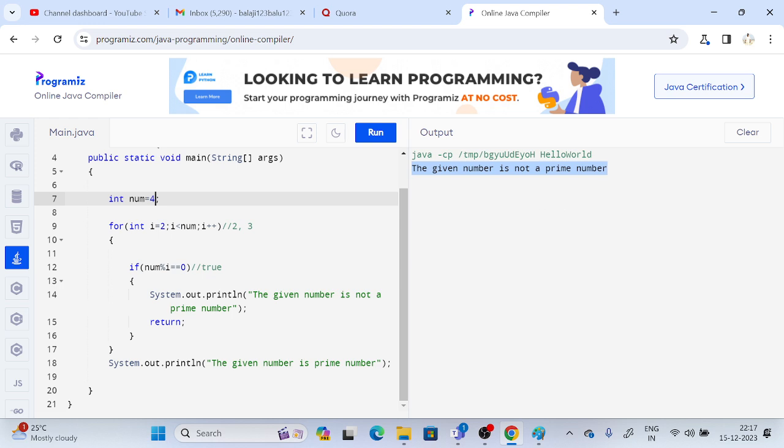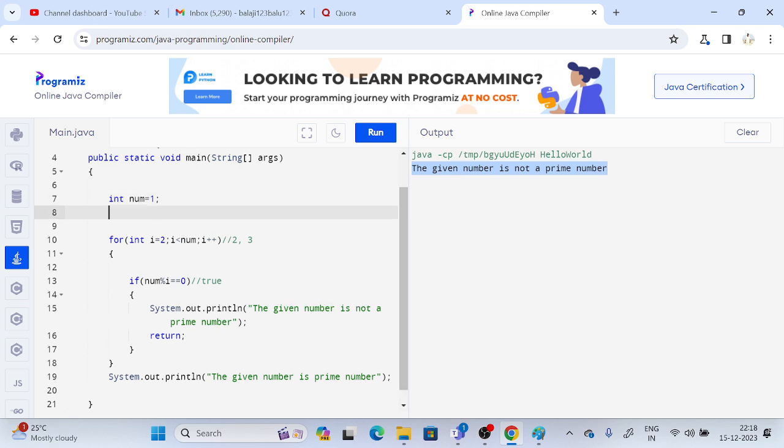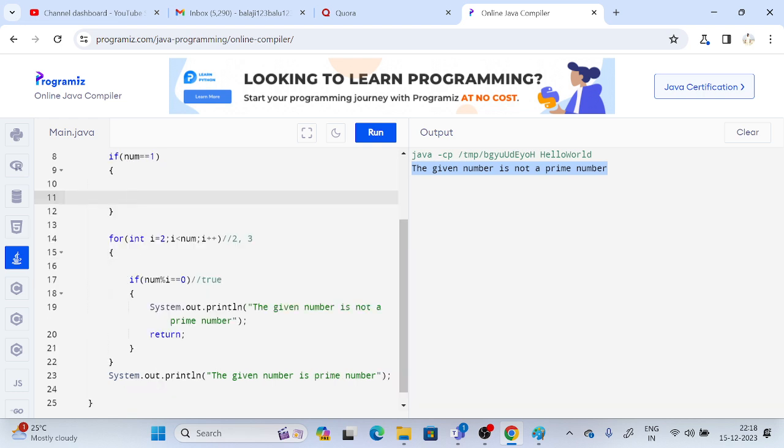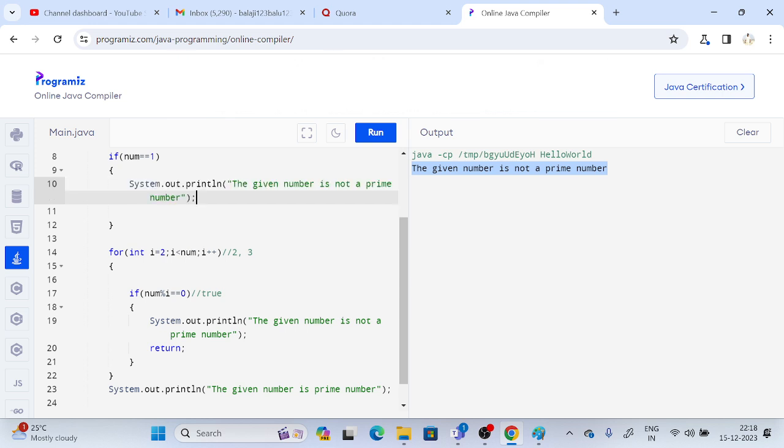Right? What if I give 1? 1 is also not, because if you give 1, this for loop will not get executed. So 1 is actually not a prime number, at the same time it is not a composite number. For 1, what I will write: if number equal to 1, System.out.println the given number is neither a prime number nor a composite number.